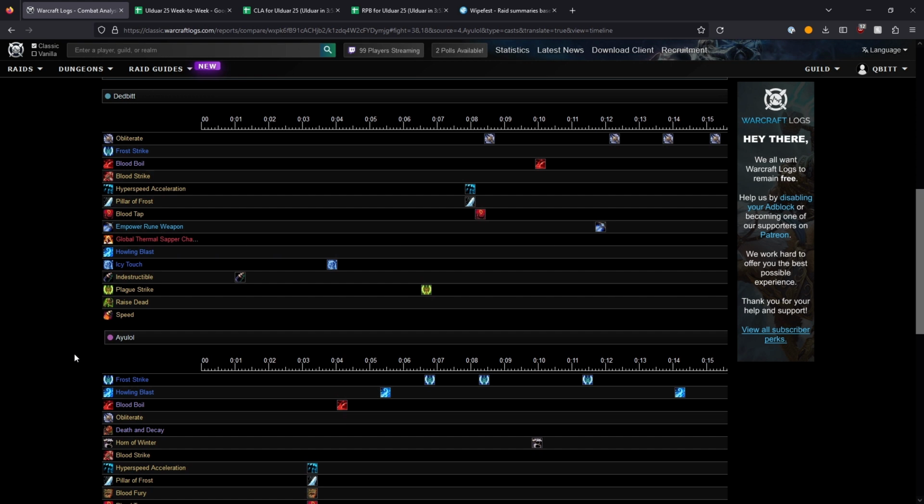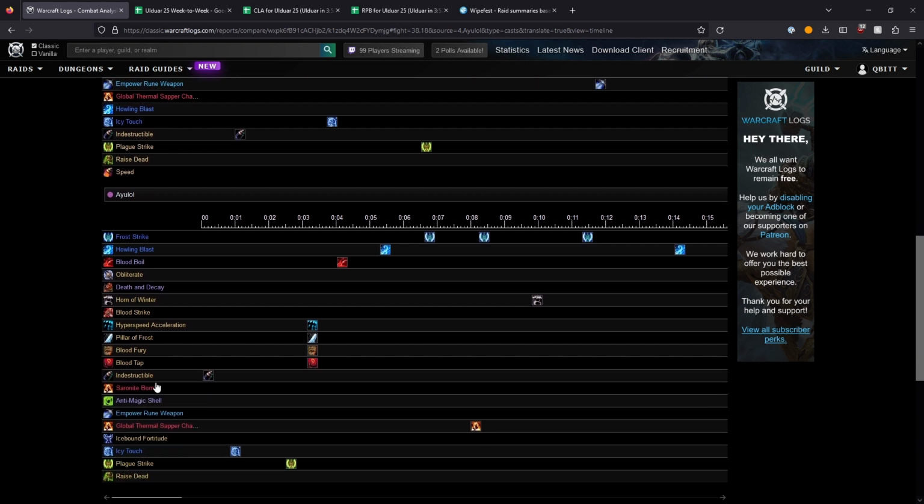This goes through the entire fight. I wouldn't really do that, but this is fantastic for comparing openers because you don't have to go far into it. So he is pre-potting, Icy Touch, Plague Strike, and he's got all four of these abilities on a single macro: his Engineering Gloves, the Unbreakable Armor, and Blood Tap, which is just something we do.